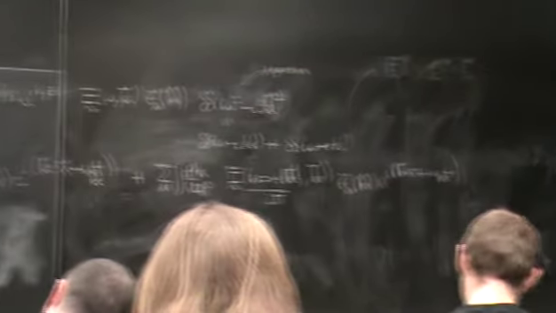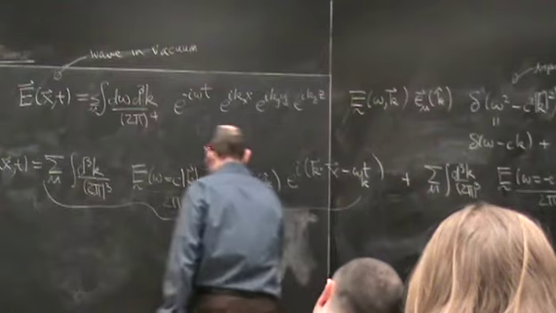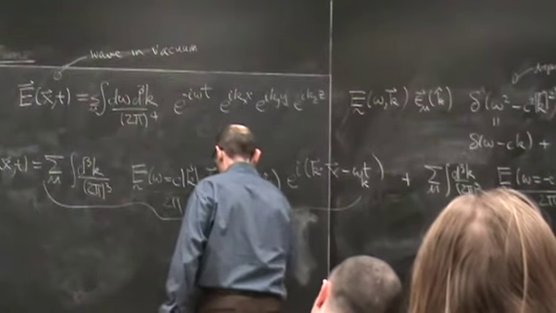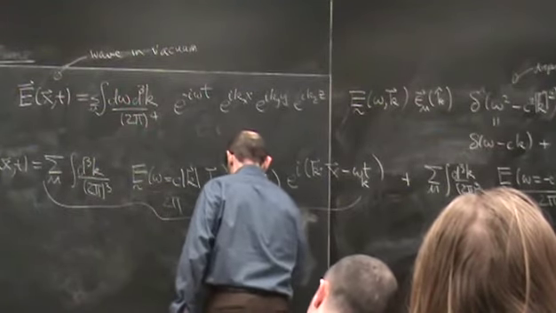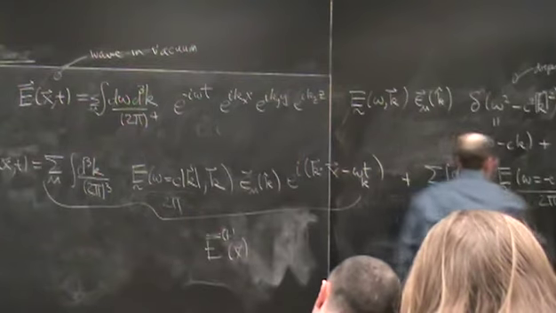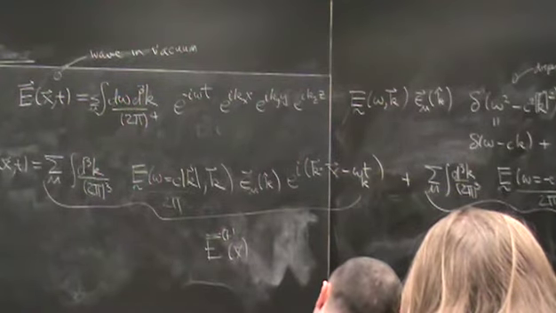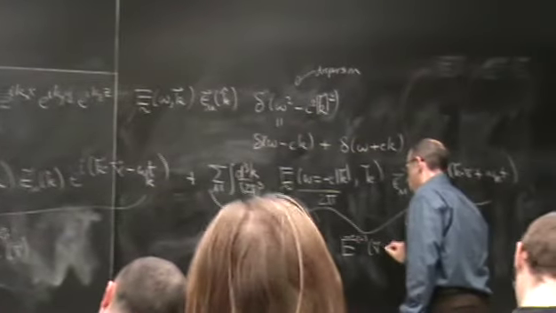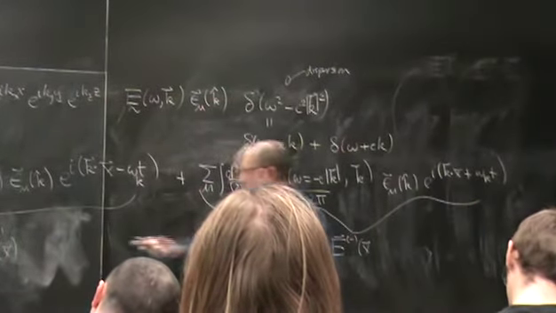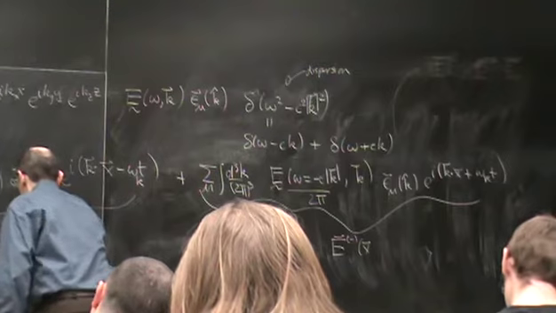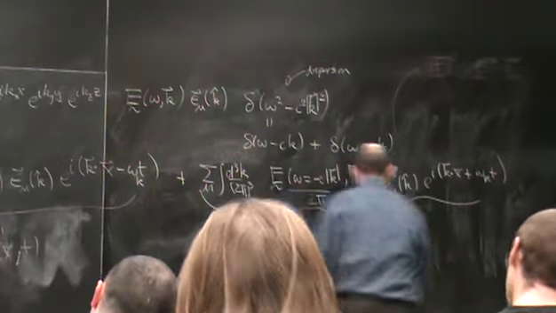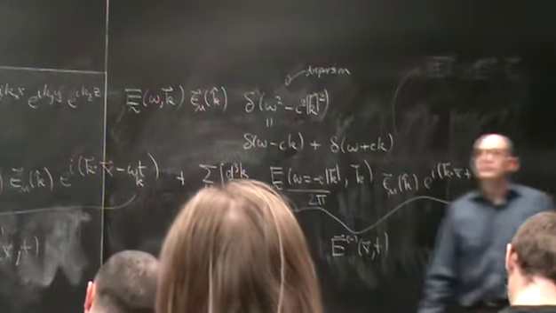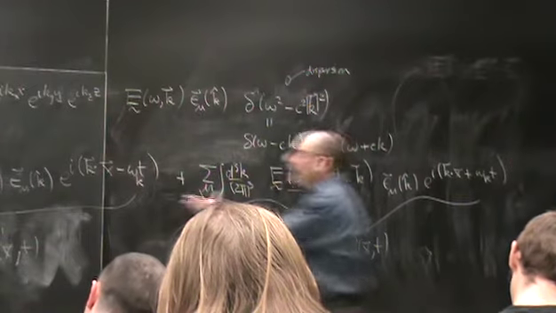This is called the positive frequency component. And this is called the negative frequency component. Why is that?